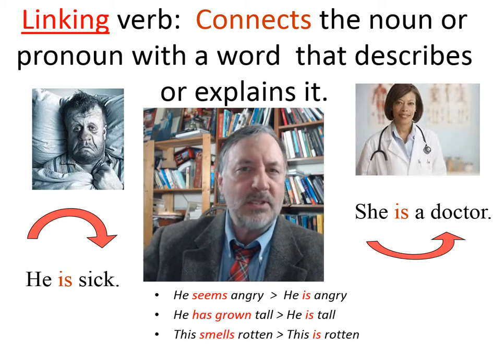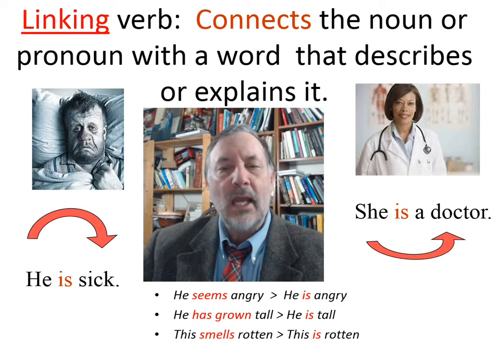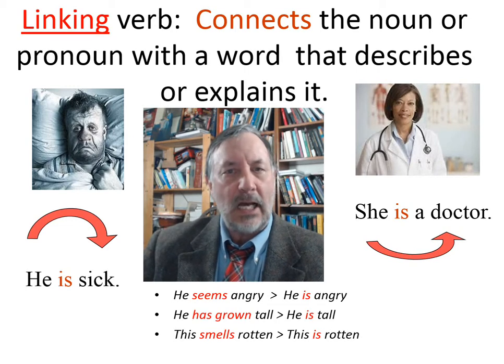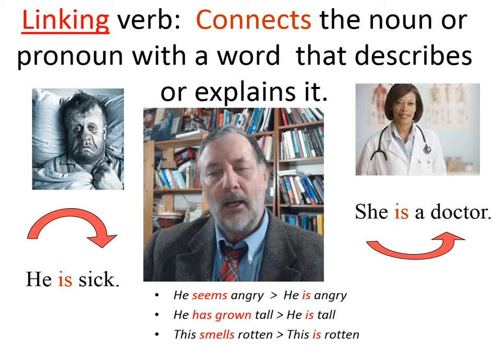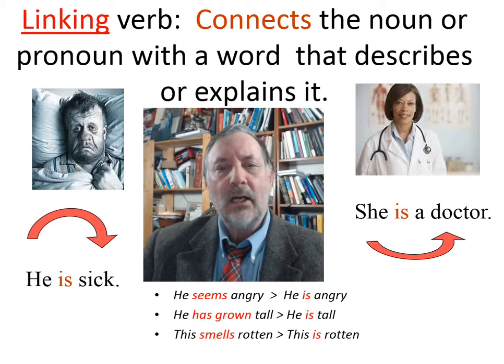There are other forms of the linking verb that we should just take note of. And these are words that you could substitute the verb to be in its various forms. I am, you are, he, she, or it is, we are, you are, they are.